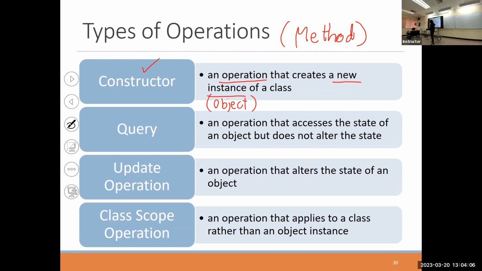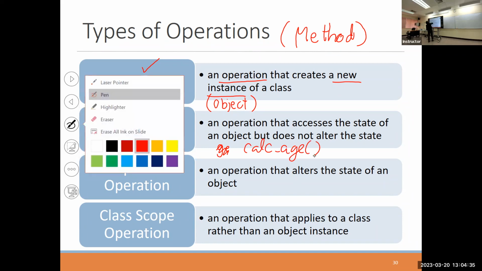Another type of operation is query. Query means to get or retrieve data of a certain object of that class. For example, an operation say get, or it could be calculate age, right?